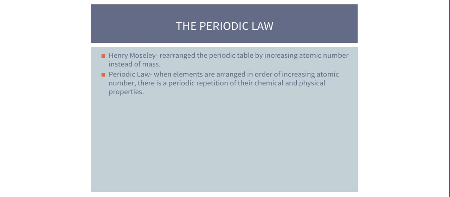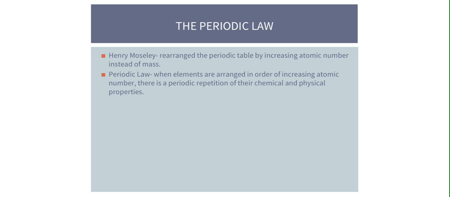The periodic law. So, like I said, Mendeleev's table was organized by increasing atomic mass. Years later, a guy by the name of Henry Moseley, and you should recognize him as a physicist that contributed to the atomic theory, ended up noticing that just based off of the idea of now knowing about electrons and protons and neutrons, the elements should probably be arranged in order of increasing atomic number.